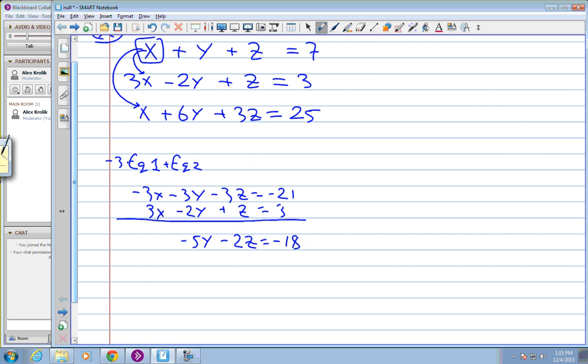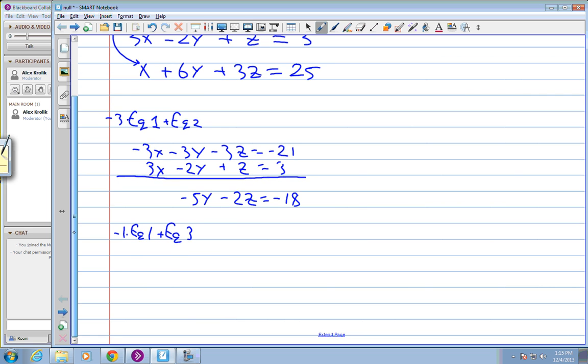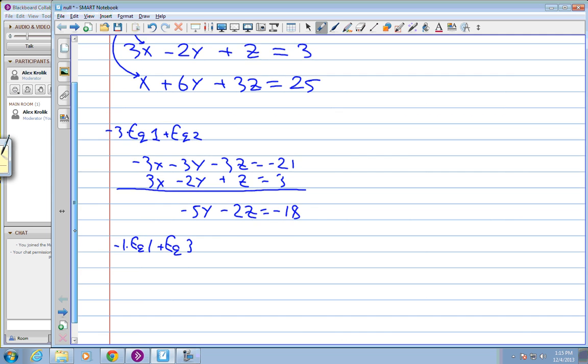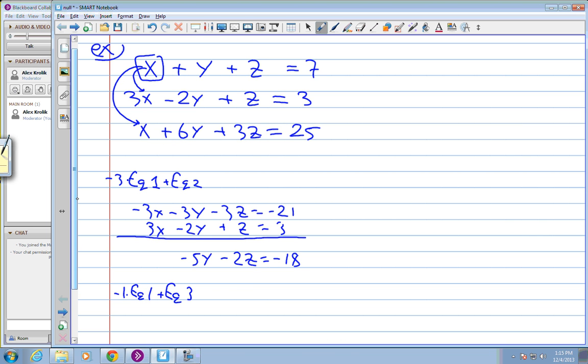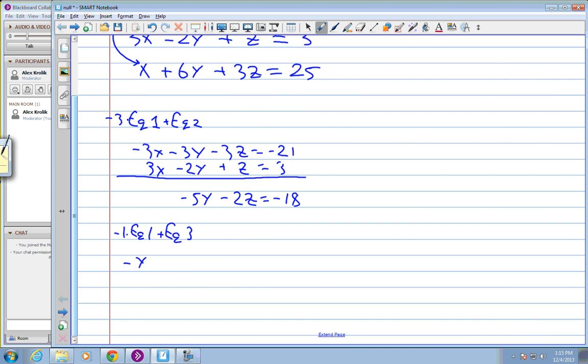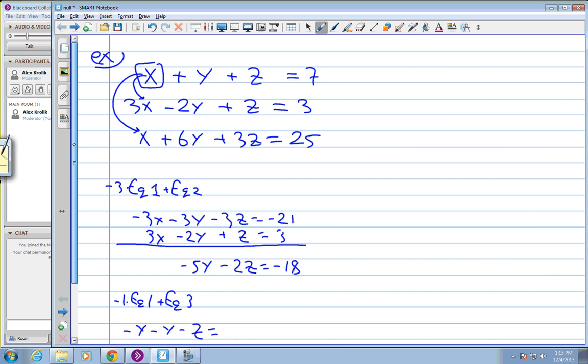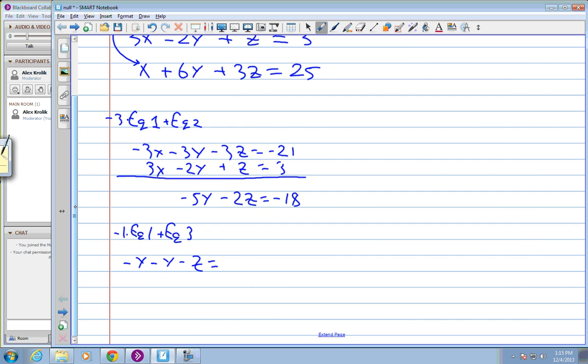Okay. And also I can kill x in the third equation. I can do this by going -1 times equation 1 plus equation 3. So -1 times equation 1, because I want to kill that x. It has x and that has x, so I want to change the sign. That will give me -x, -y, -z equals -7.